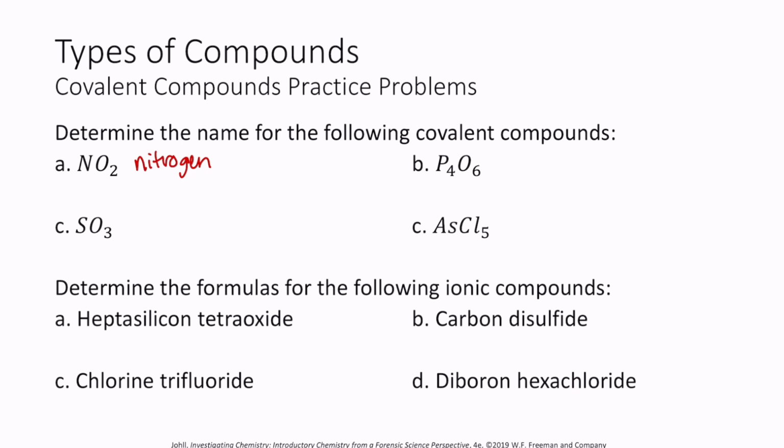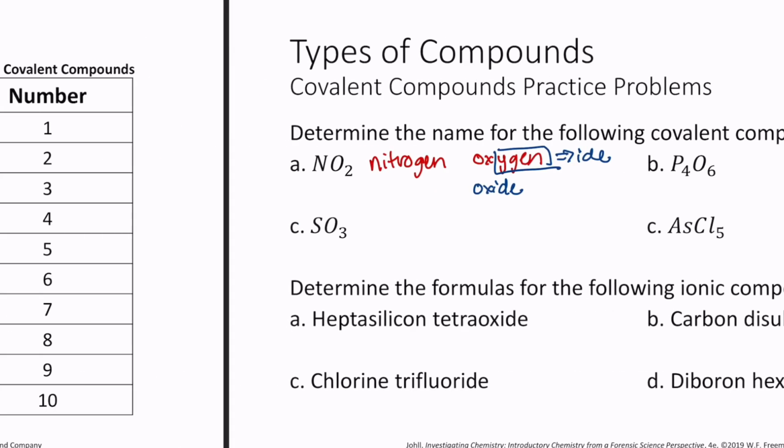So I can change my oxygen, and I'm going to take the suffix, which is just a fancy word for the end of the word, and I'm going to get rid of that end of the word, and I'm going to replace it with "ide." So this becomes oxide. Now I have two of the oxygens, so I can go to my table.